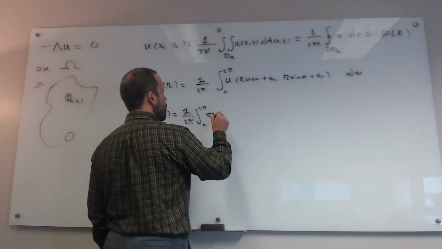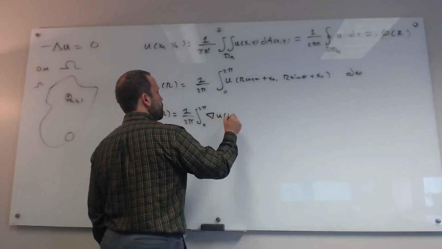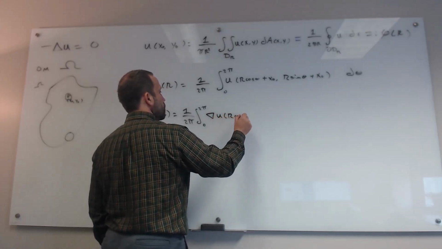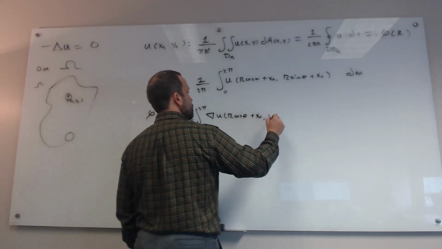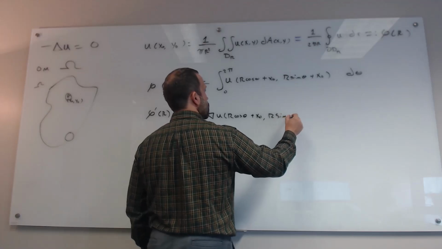So this is the gradient of u evaluated at the point r cosine theta plus x naught, r sine theta.